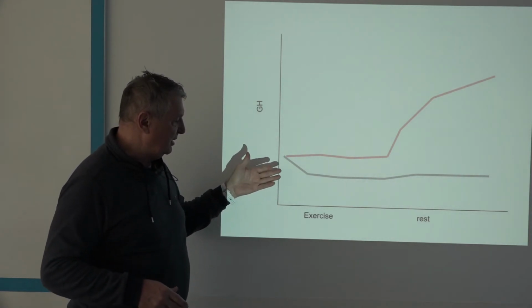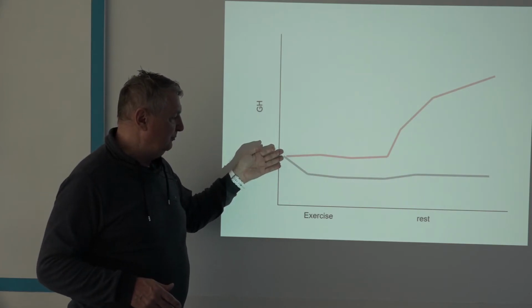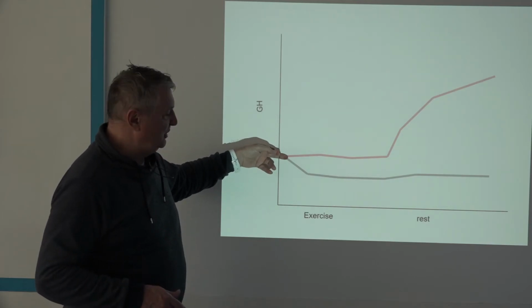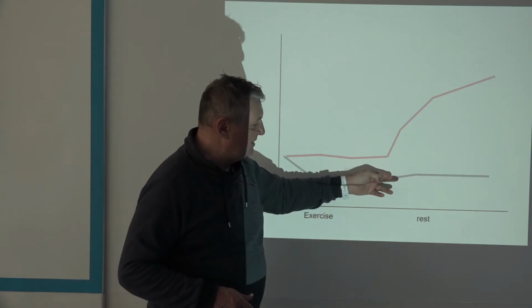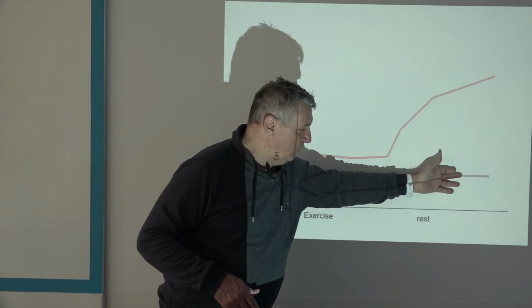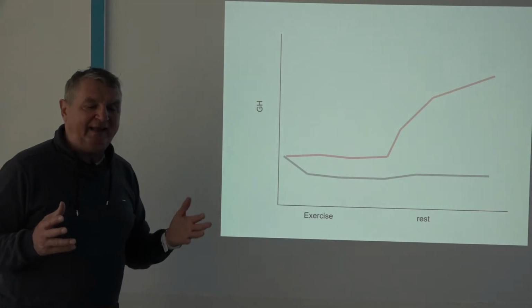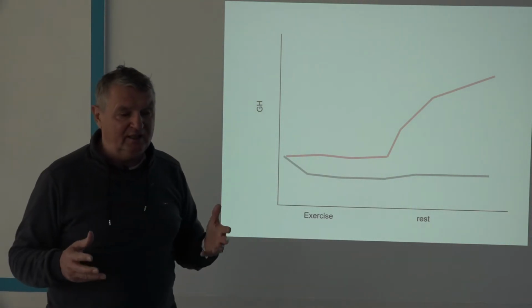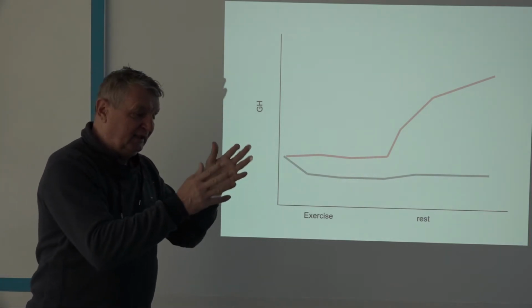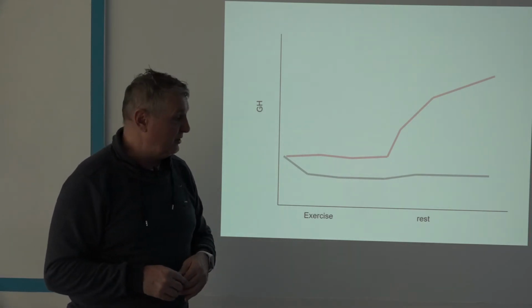So if you do exercise with a load lower than 50% of the maximum, during exercise, the growth hormone concentration tends to decrease and even stay at a low level 3-4 hours after the exercise, even in the resting period. As I told you, adaptation generally takes place at the resting period. So you have a loading and then you have a rest. During the rest, you have a compensation and overcompensation.